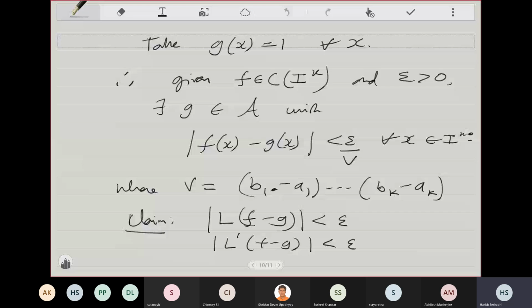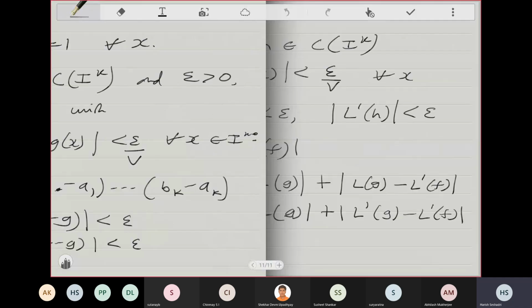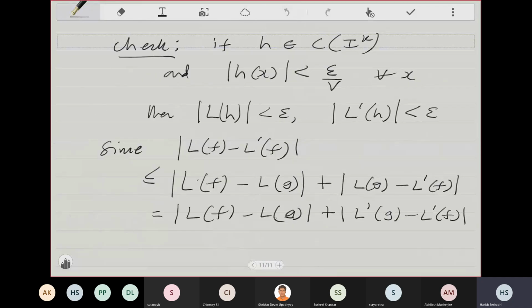Now, when I use this notation, I've written L of f minus L of g, not L of f minus g. But using the iterated integral construction, it is quite easy to see that these are the same.